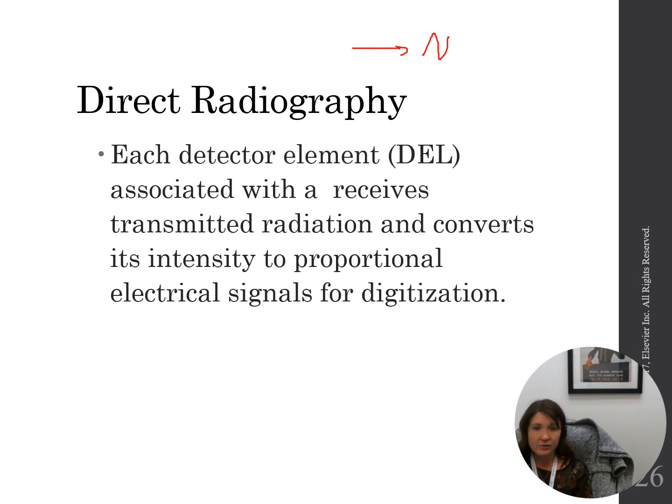So in this particular case, each TFT will represent one detection element, or one DEL. On top of that TFT, we are going to have one pixel of amorphous selenium sandwiched between two diodes. When our photon comes in, it interacts with that amorphous selenium and it ionizes it.